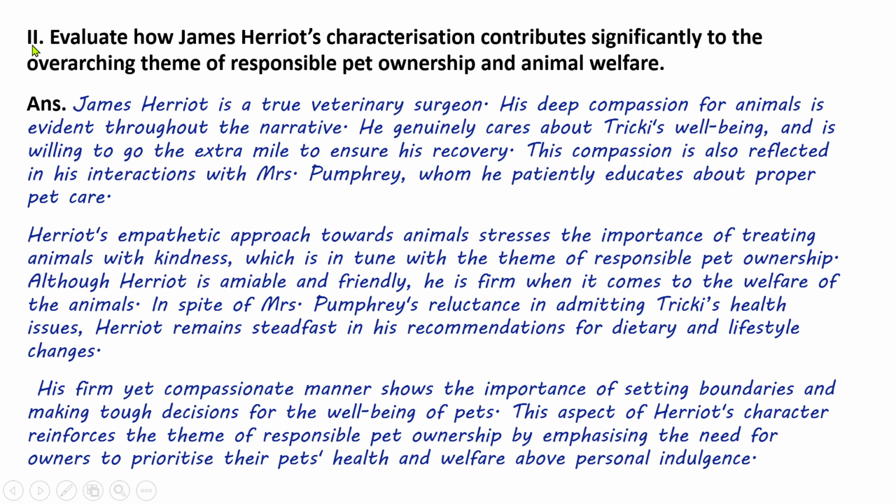Next question, evaluate how James Herriot's characterization contributes significantly to the overarching theme of responsible pet ownership and animal welfare. The answer, James Herriot is a true veterinary surgeon. His deep compassion for animals is evident throughout the narrative. He genuinely cares about Tricki's well-being and is willing to go the extra mile to ensure his recovery.